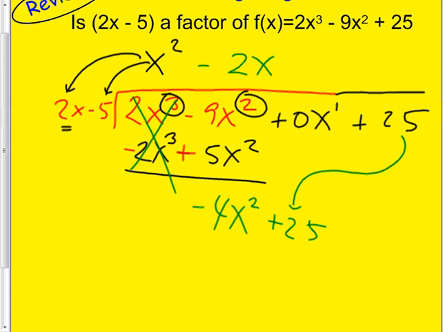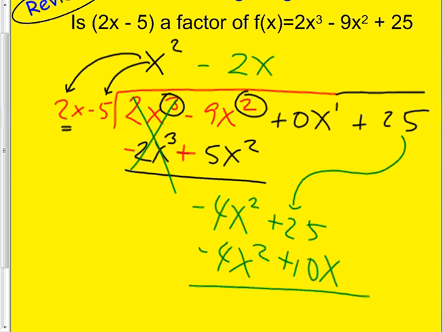Negative 2x times positive 2x makes negative 4x squared. That worked. But negative 2x times negative 5 makes positive 10x. And how are you supposed to add those together? They aren't even like terms. Do you understand why I can't do it without the placeholder?